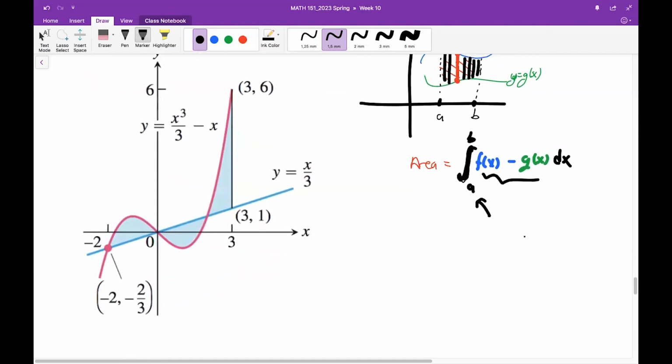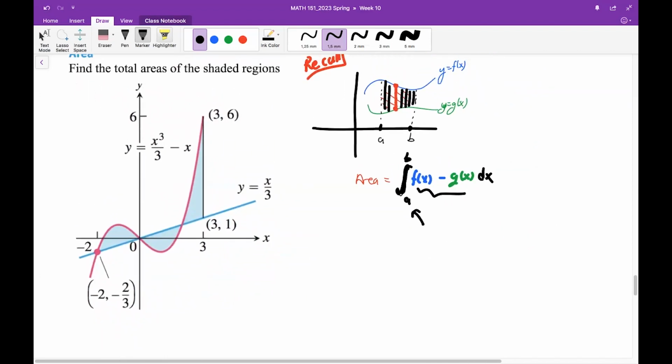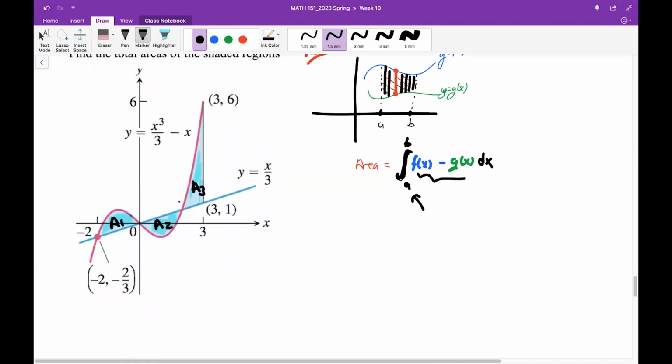And now let's apply that idea by computing the shaded area given in the example. Let's name this part A1, this part A2, and A3. For these three parts, we will construct three different integrals, right?